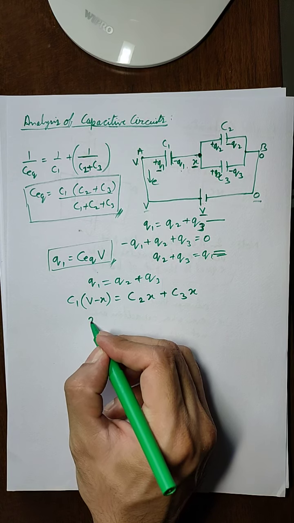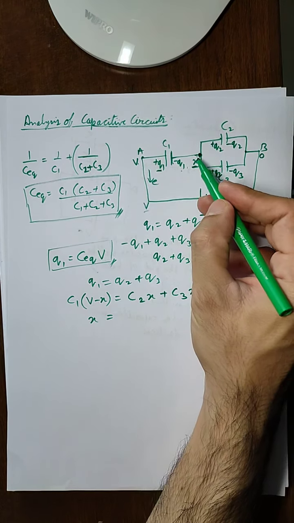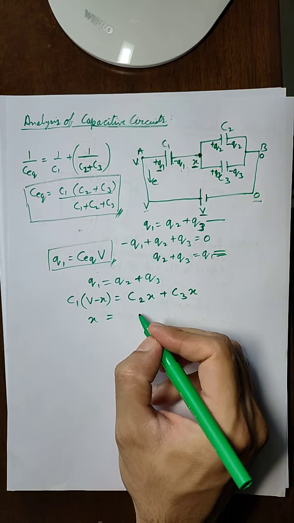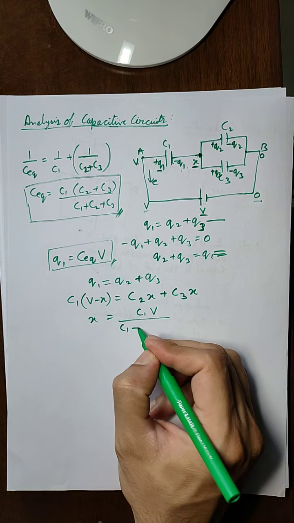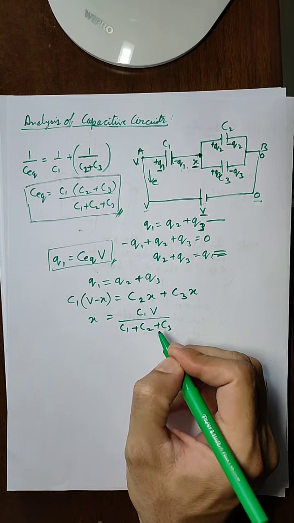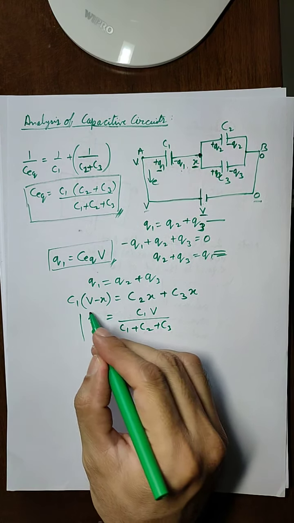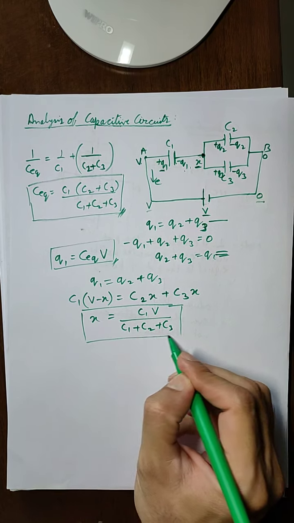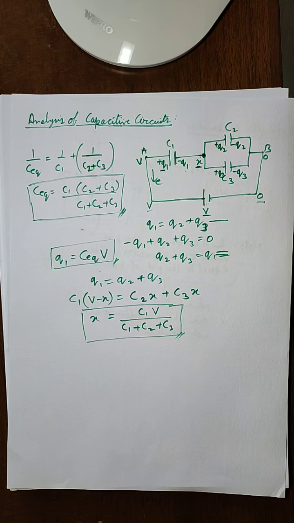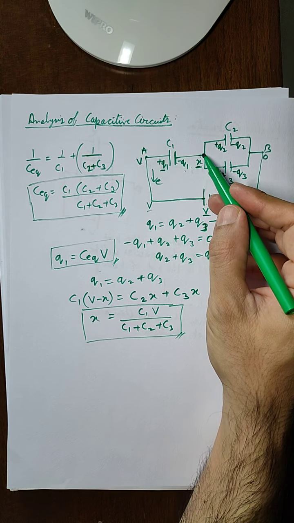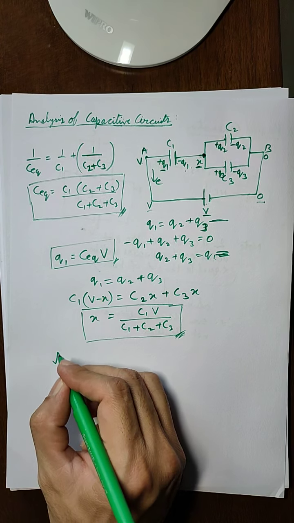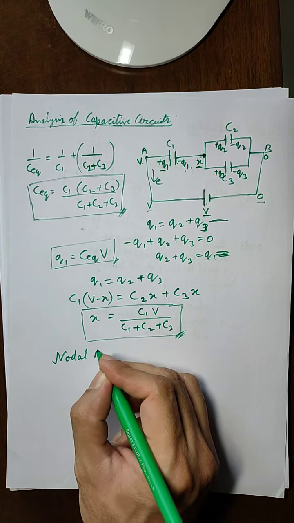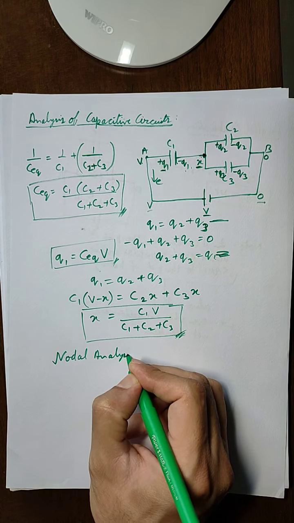So if we solve this, we get that at junction X, X should be equal to C1V upon C1 plus C2 plus C3. So this is another important result. Since we are using this node to justify all the relevant equations, this type of analysis is called nodal analysis.